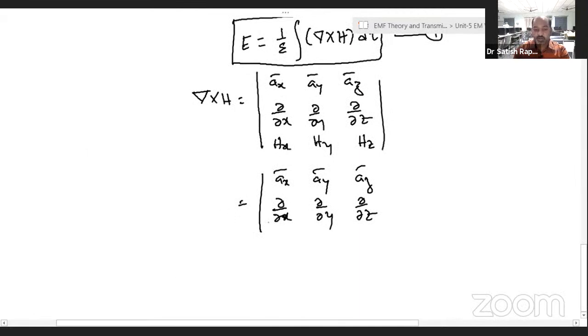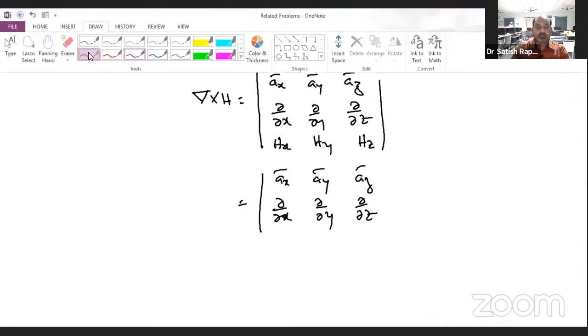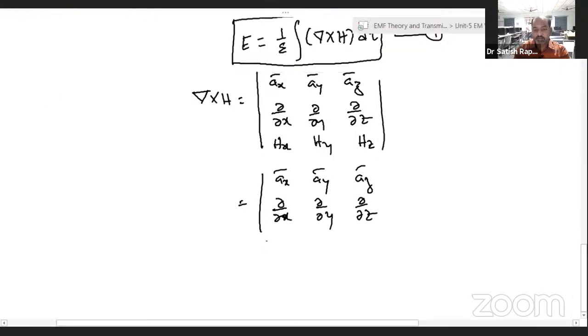So the x component is minus 0.1 cos omega t minus z, the y component is 0.5 sine omega t minus z, and the z component is 0.